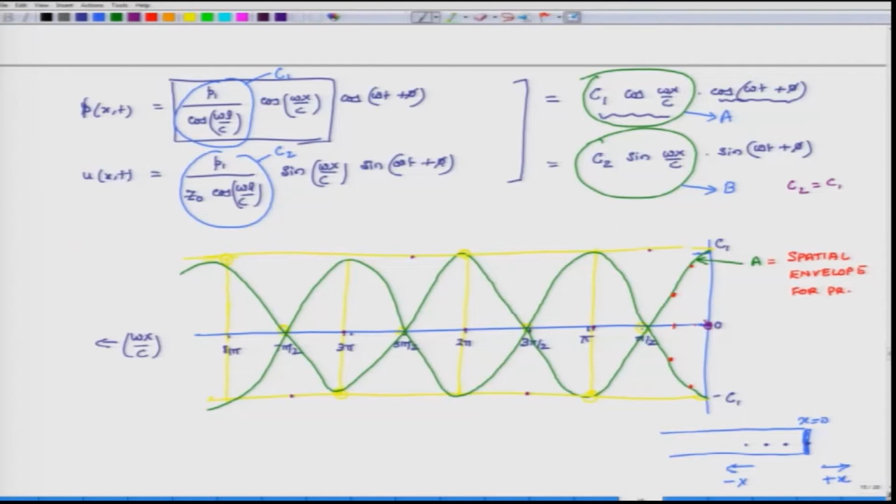So, if I plot this, at x equal to 0 it is 0, and then when pressure amplitude is minimum, velocity amplitude becomes maximum. It goes like this.